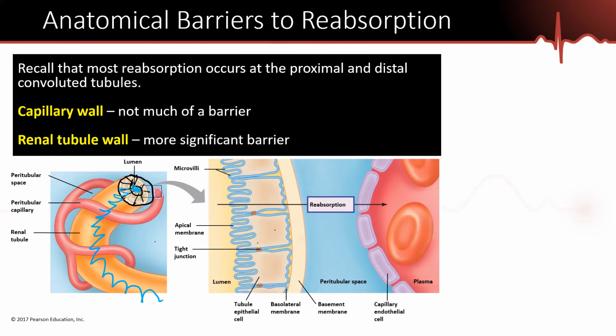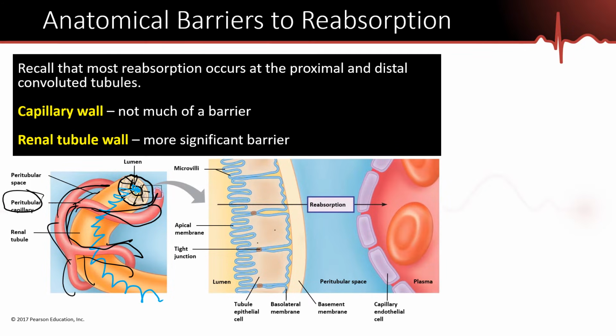Now, what lies around the entire nephron? Well, the peritubular capillaries. These are peritubular capillaries surrounding the nephron. If we're looking at one specific portion here, I'm saying that this is the proximal convoluted tubule, right after Bowman's capsule, and these are peritubular capillaries surrounding it.